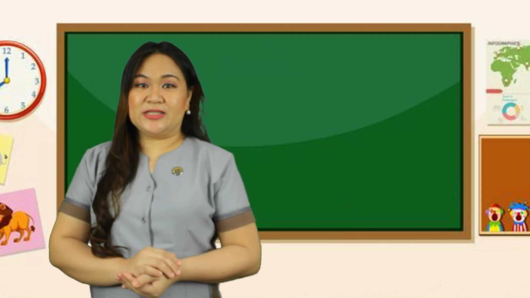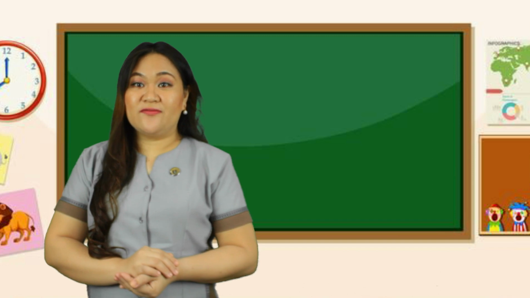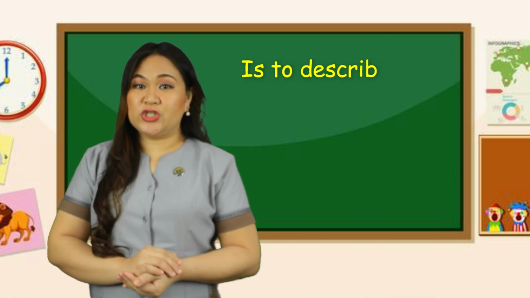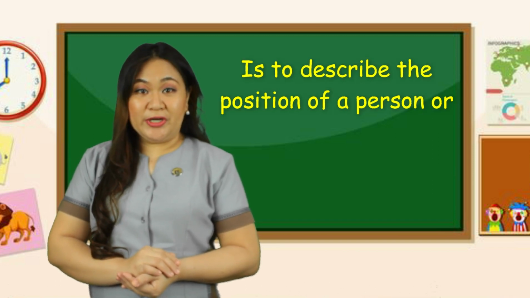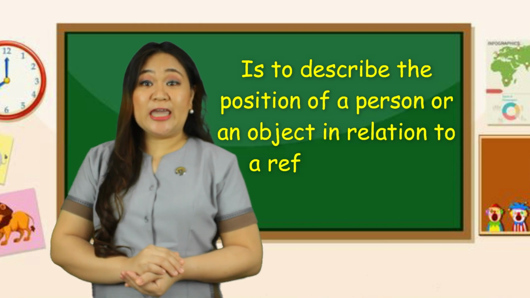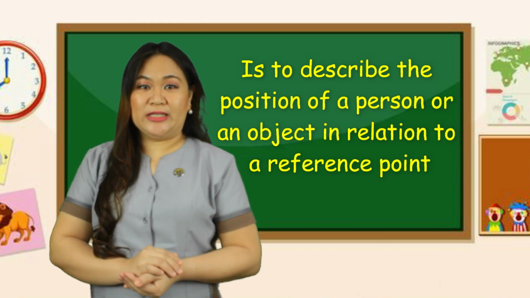For instance, if our lesson's objective in grade 3 is to describe the position of a person or an object in relation to a reference point, I will demonstrate the concept to the learners first. How will I apply the explicit teaching if my objective is this?